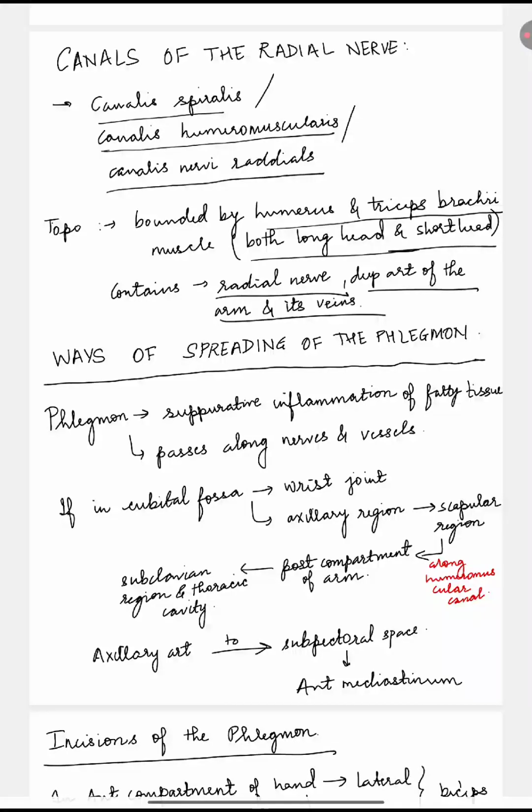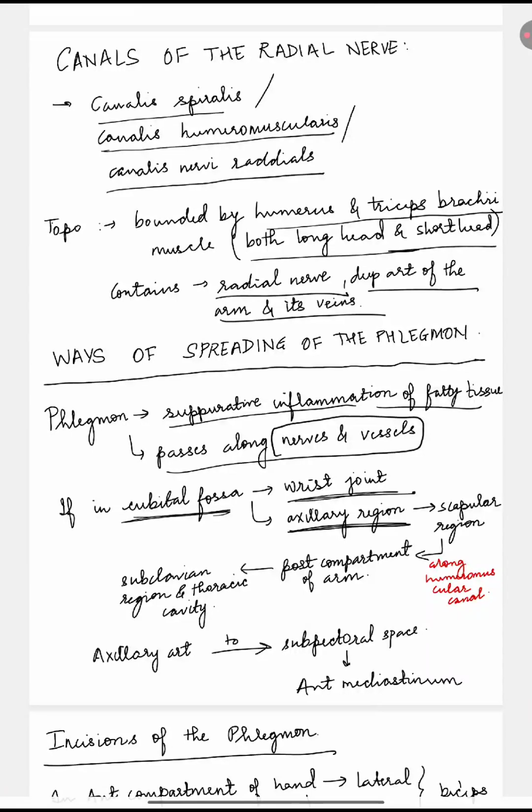Now, we will learn how phlegmon is spread. Phlegmon is a suppurative inflammation of fatty tissue which passes along the nerves and vessels. If the phlegmon is in the cubital fossa, then it may travel to the wrist joint or up to the axillary region.